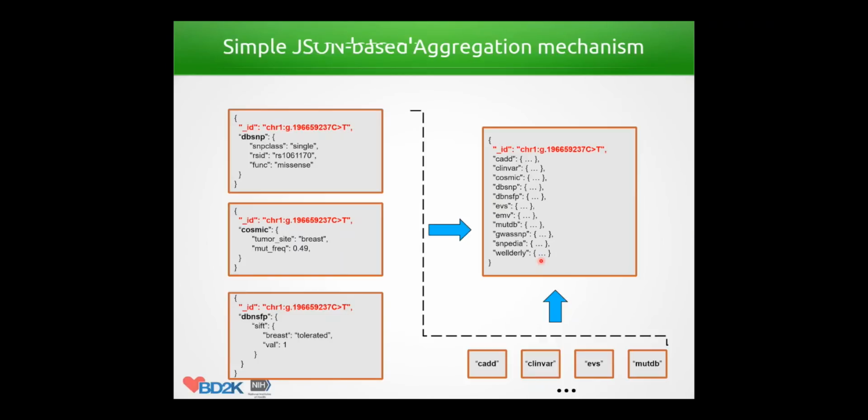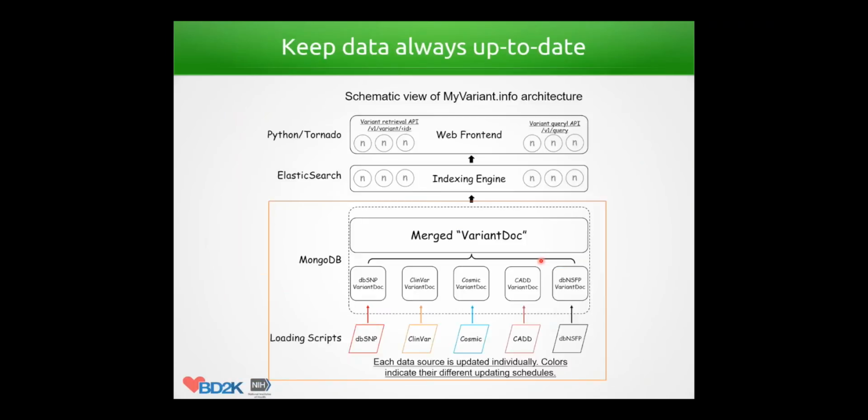This slide shows the overall architecture of MyGene and MyVariant, using MyVariant.info as the specific example. As I mentioned, we have the loading script to convert each flat file into an individual JSON document, and then we merge them together as one big JSON object per variant.